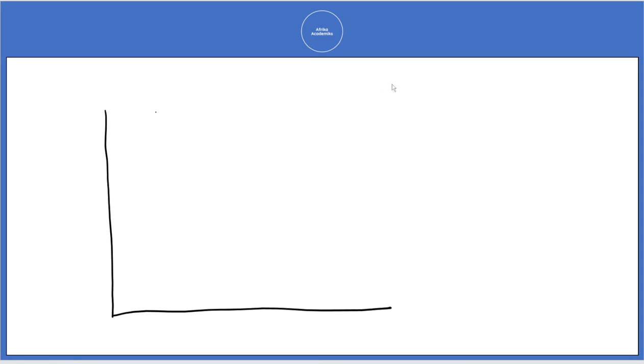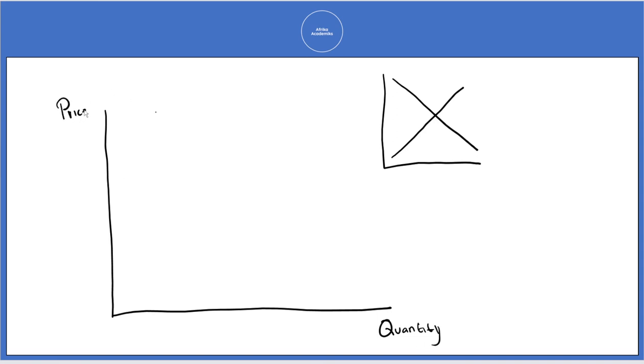All right. So there's a difference, by the way, between a demand curve and a supply curve, right? You'll see something like this often. You see a line going up, and then a line going down. Usually here you'll have the quantity, a Q, and over here you'll see a P, which stands for price.